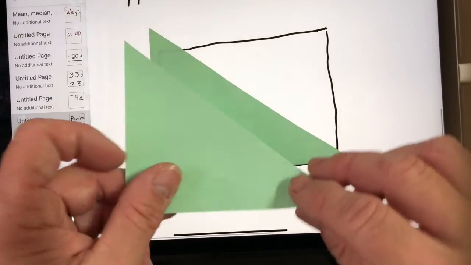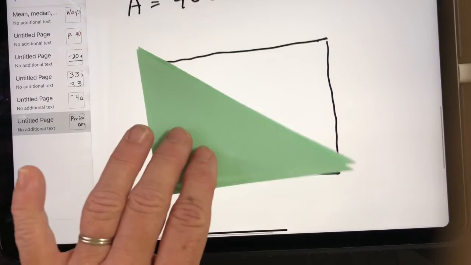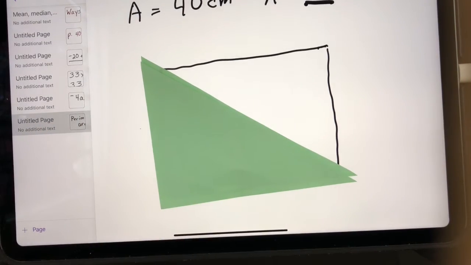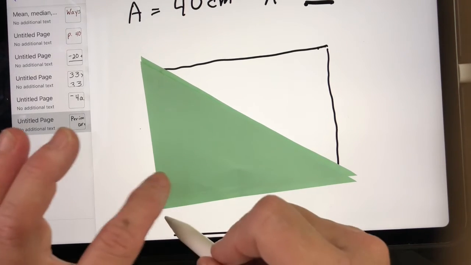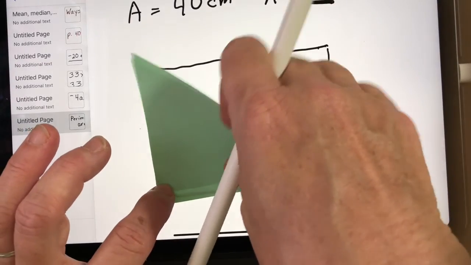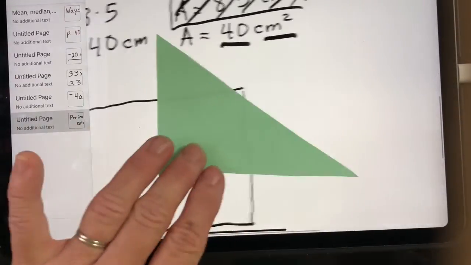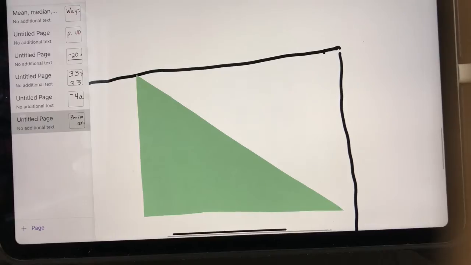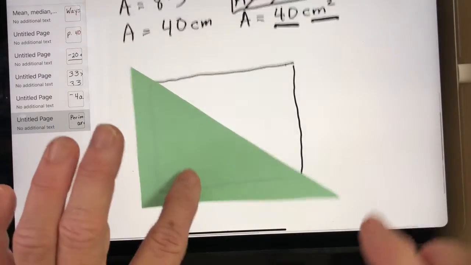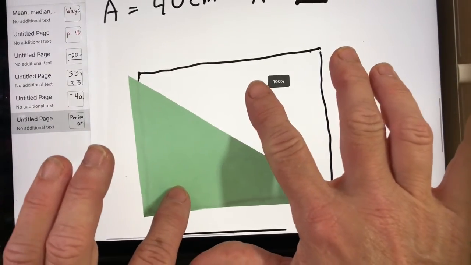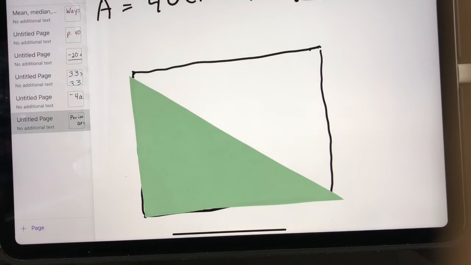So if that rectangle is my whole area, how much is the triangle's area? Half of that rectangle, isn't it? So what is the value of this, the bottom edge?